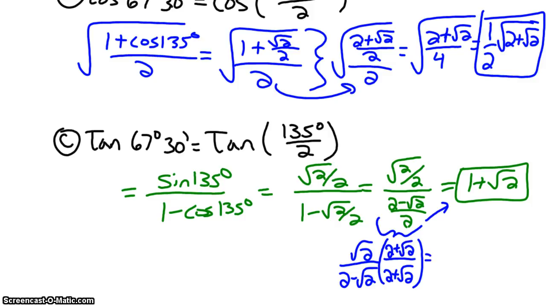That will leave me with 2 radical 2 plus 2 all over 4 minus 2. If I simplify that and put it in descending order, I will have 2 plus 2 radical 2 all over 2, which ends like that. Thank you, and have a good day.